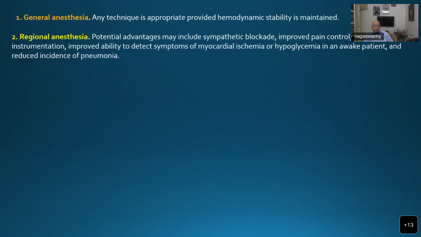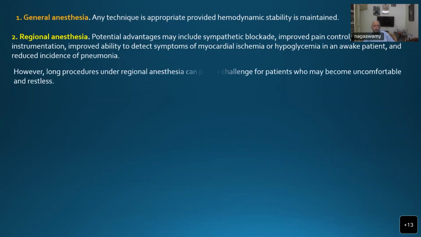And regional anesthesia, potential advantages are, with the sympathetic blockade, you get good vasodilation, improved pain control, and easy instrumentation, avoiding airway instrumentation, and improved ability to detect symptoms of MI or hypoglycemia in a patient who is awake. However, long procedures under regional anesthesia can pose a challenge for patients who may become restless.